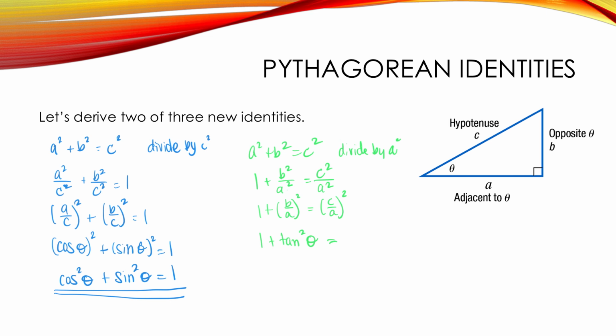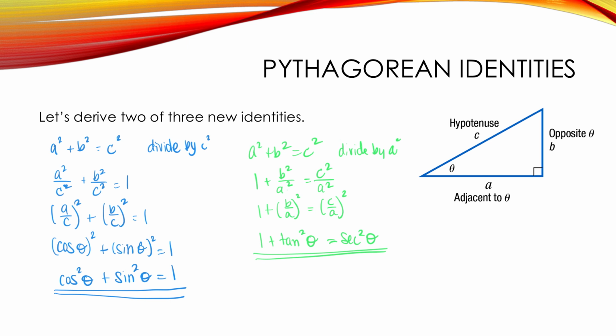And now it's equal to C over A, which is hypotenuse over adjacent. Well, think about its reciprocal. Adjacent over hypotenuse is cosine, and 1 over cosine is secant. And so we end up here with secant squared. So 1 plus tangent squared theta equals secant squared theta.